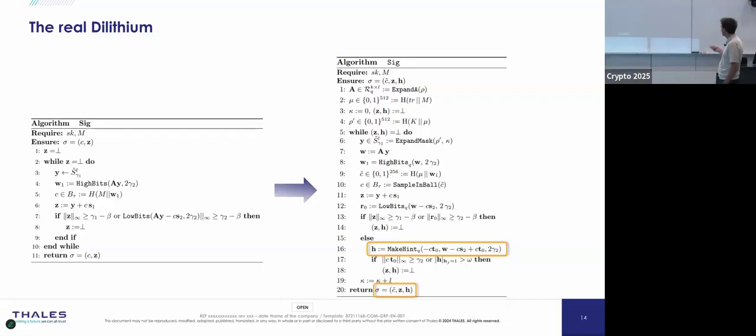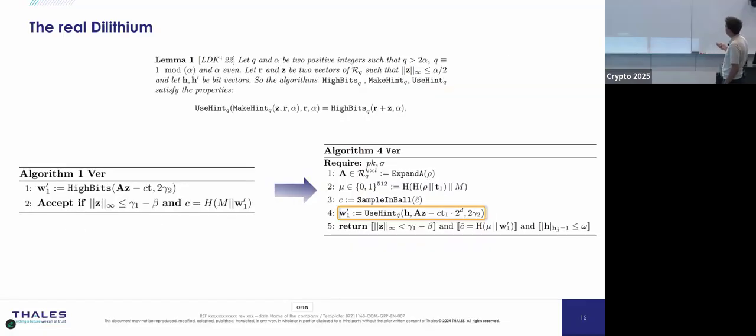At signature time, Alice will add a hint vector to the signature using the MakeHint function. And Bob, at verification time, will use this hint vector and the UseHint function to recompute the high bits of Az minus Ct without knowing T0.